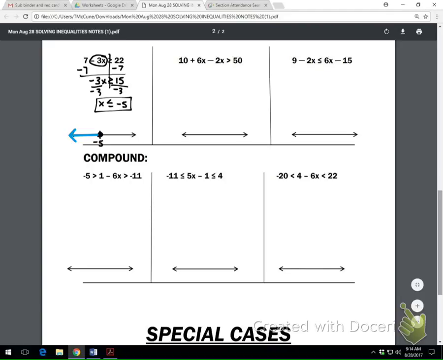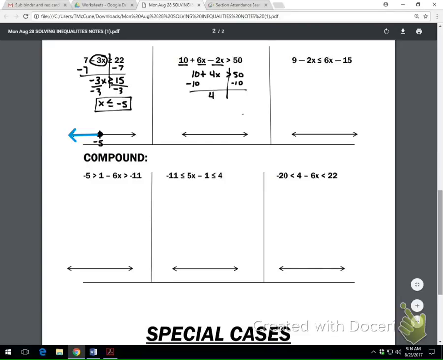Okay, so if you look, I got 10 right here. And then I got 6x minus 2x. Can I combine those two? Yeah, so I got 10 plus 4x is greater than 50. So now it looks like the previous problem that we just did. Draw our line. What do I do from here? Subtract what? Minus 10.